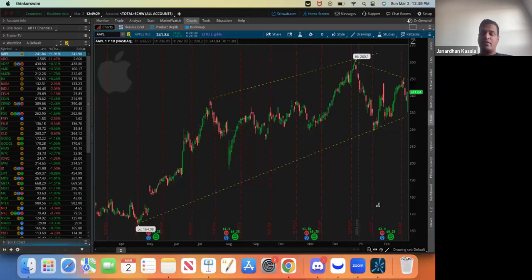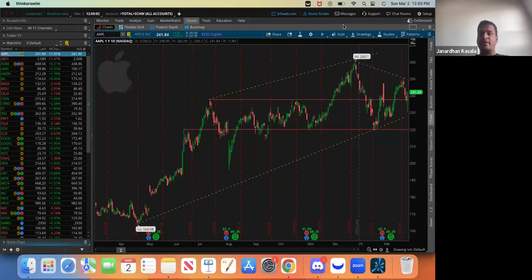As I was telling, there are multiple ways of identifying support and resistance: these horizontal lines, horizontal supports, and these trend lines, moving averages or any other indicators, whatever they say.